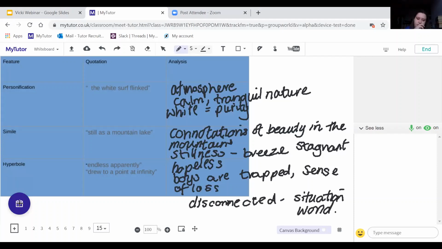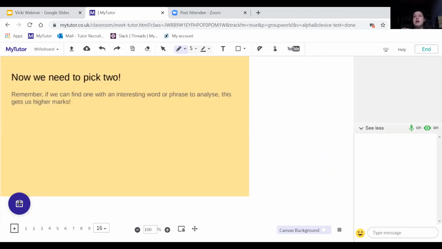Fab. Right, so when it comes to actually writing your response for paper 2, you do not need to write about all of these by a long chalk. You need to be picking around 2 to talk about. So you need 2 really chunky paragraphs or 3 smaller ones.